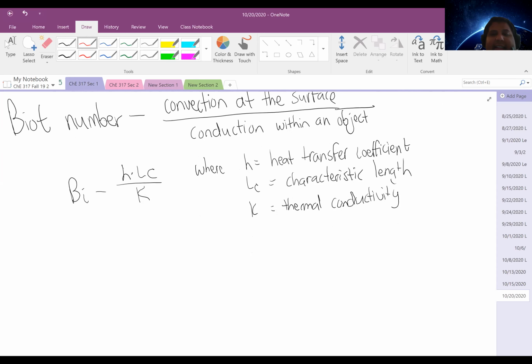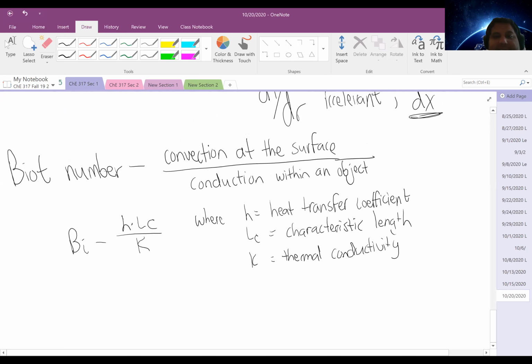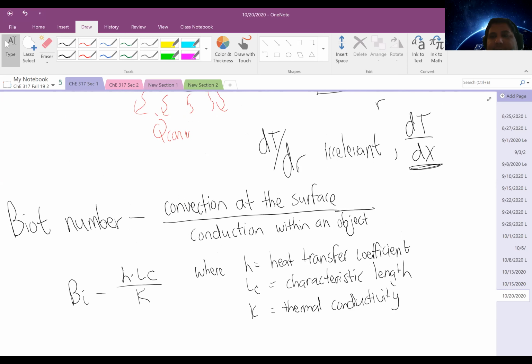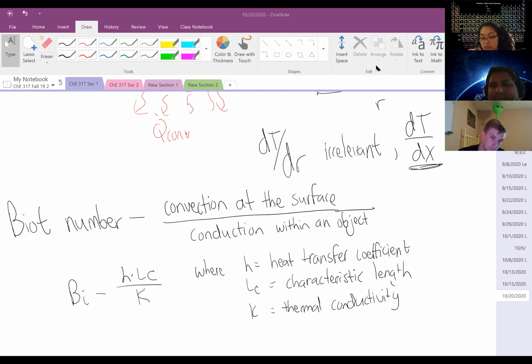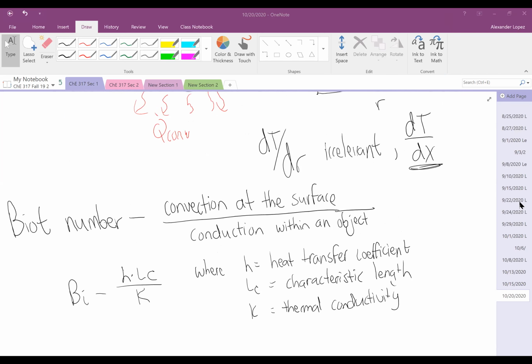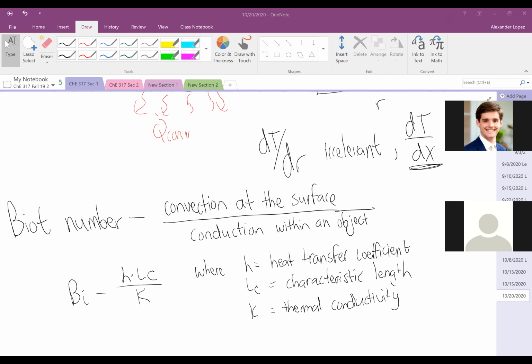When do we think a lumped system can apply? When a Biot number is big or when a Biot number is small? V, what do you think? Can you repeat the question?